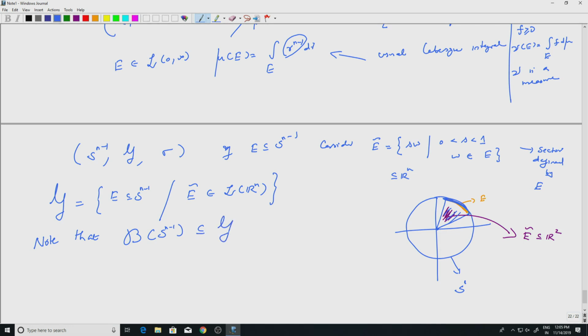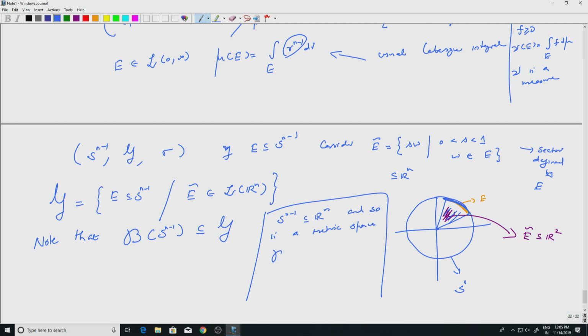Well, what does that mean? S^{n-1} first of all is a metric space. S^{n-1} is contained in R^n, and so we have the usual distance on S^{n-1} which is coming from the usual metric on R^n. Any metric space has a Borel sigma algebra.